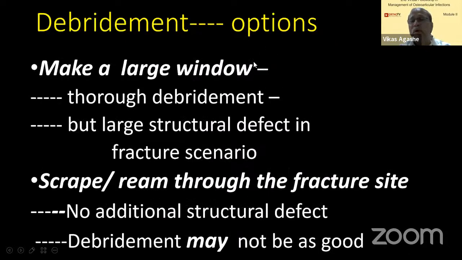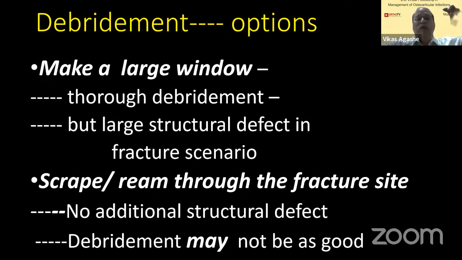How do you debride? Do you make a larger window? It will certainly help us in doing a thorough debridement, but it will also weaken the bone significantly. Can we ream through the fracture site? Yes, but it may not be as good because again, the distal canal is wide.